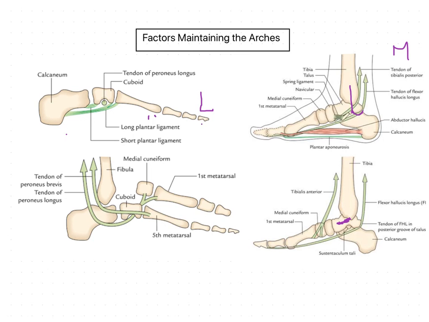Therefore, it is necessary that the talocalcaneo-navicular and the calcaneo-cuboid joints are reinforced on their inferior aspects, and these are reinforced by the long plantar ligaments and the short plantar ligaments.